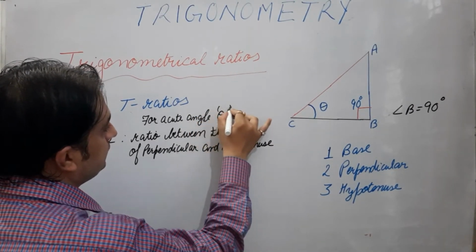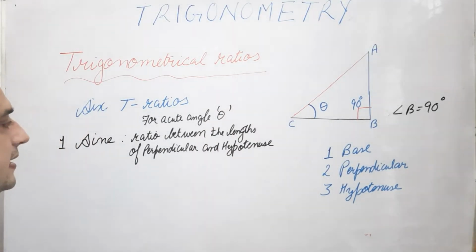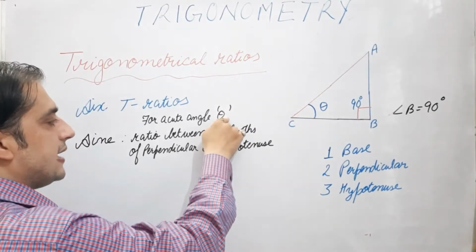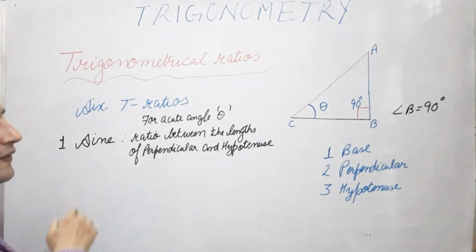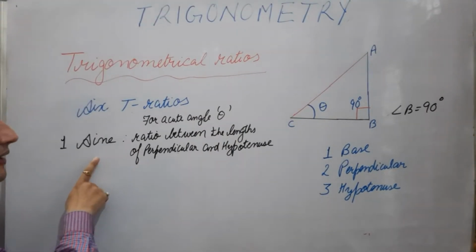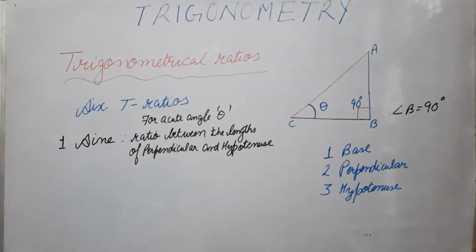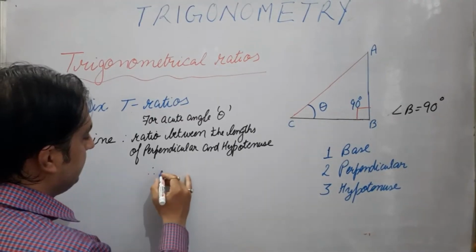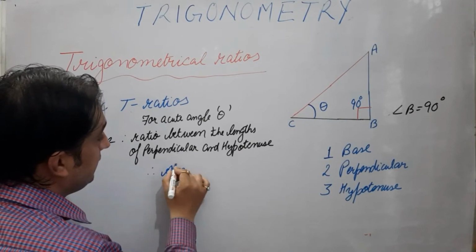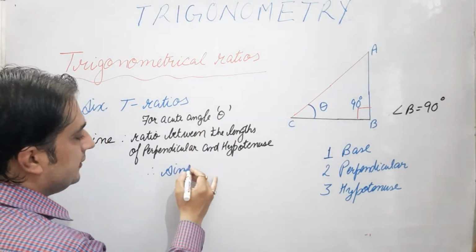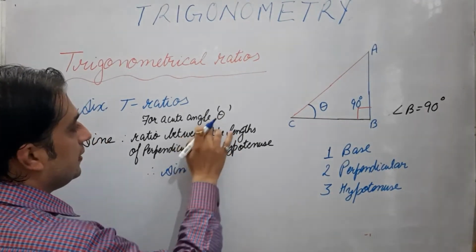This is my angle of reference theta. For this angle of reference theta, my first T ratio is sine, and it is the ratio between the lengths of the perpendicular and hypotenuse. I will write it sine, defined for the angle theta.